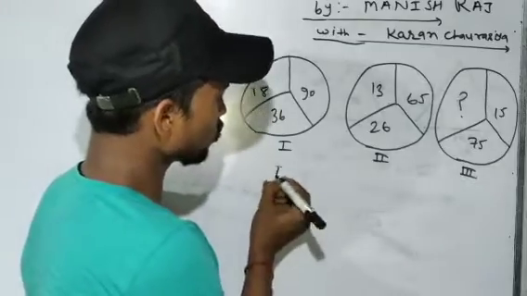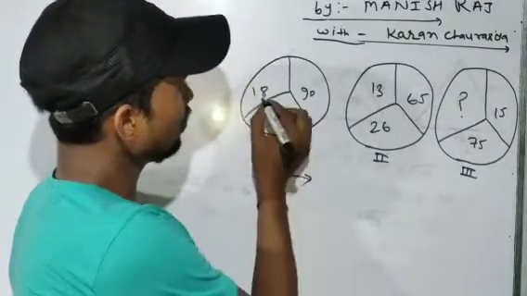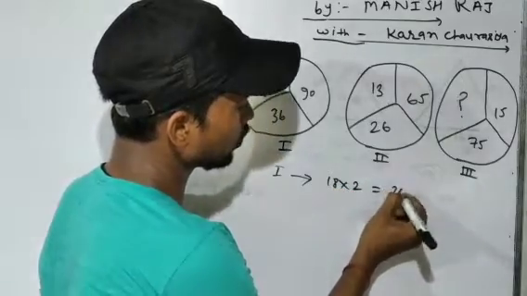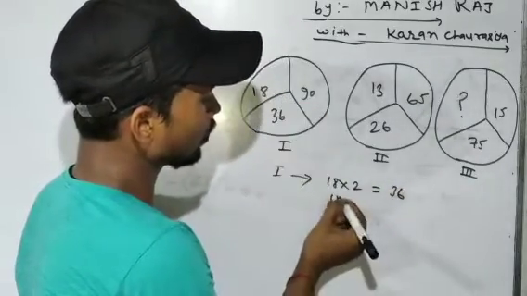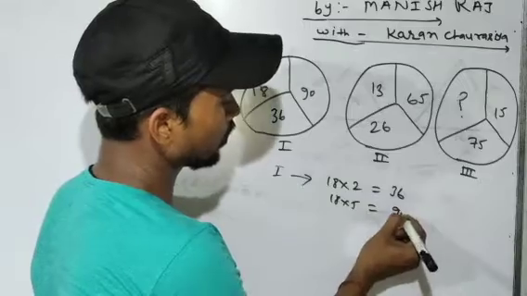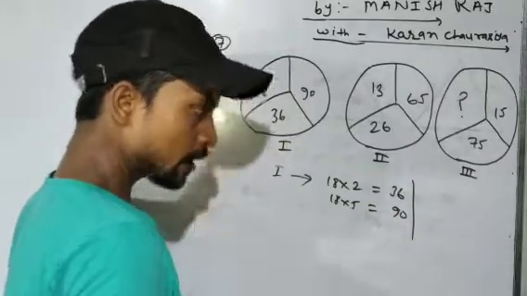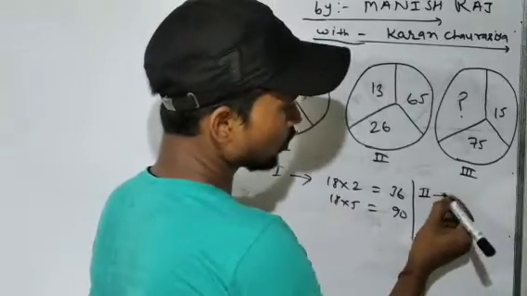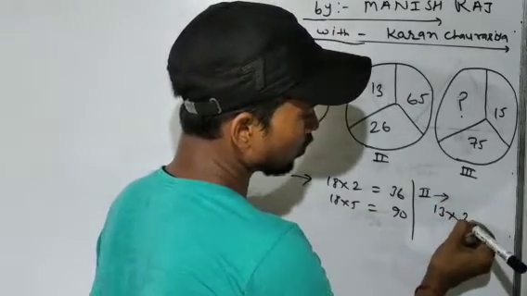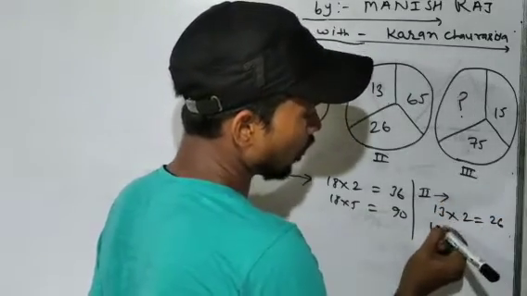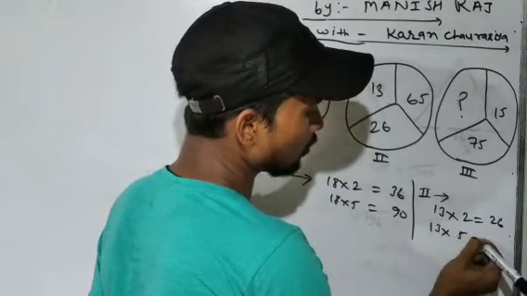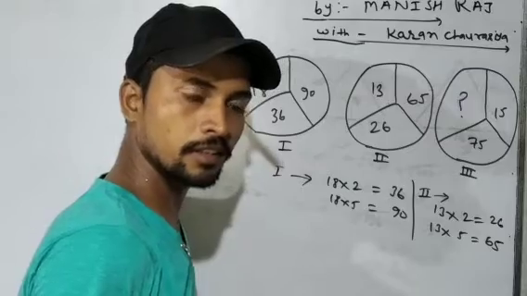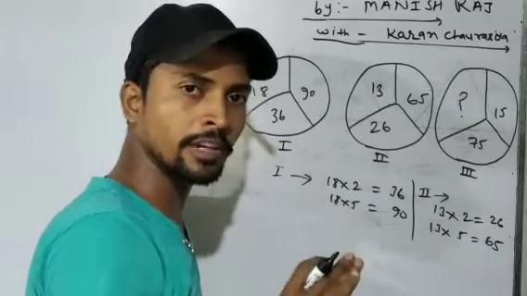According to the first circle, when 18 is multiplied by 2, we get 36, and 18 multiplied by 5 gives 90. According to the second circle, 13 multiplied by 2 gives 26, and 13 multiplied by 5 gives 65. Understand? Is it clear? Have you any doubt?